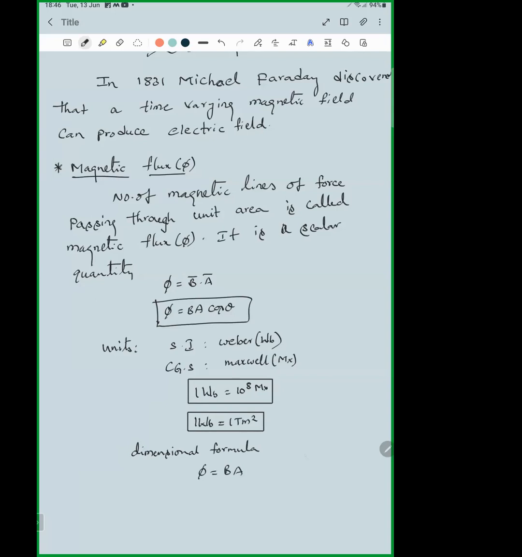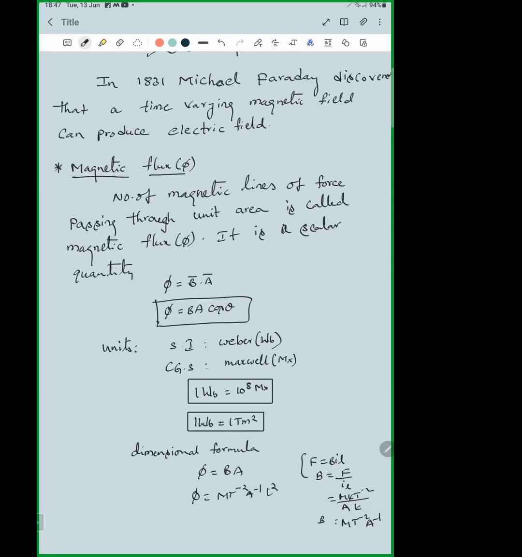We can take F is equal to BIL, so B is equal to F by IL. F is M L T power minus 2, and the L's cancel, so B is M T power minus 2 A power minus 1.